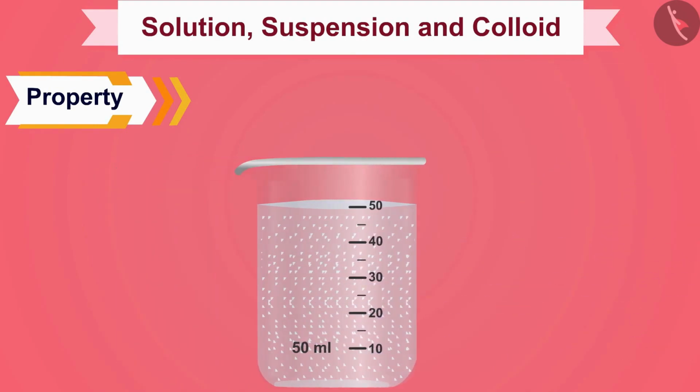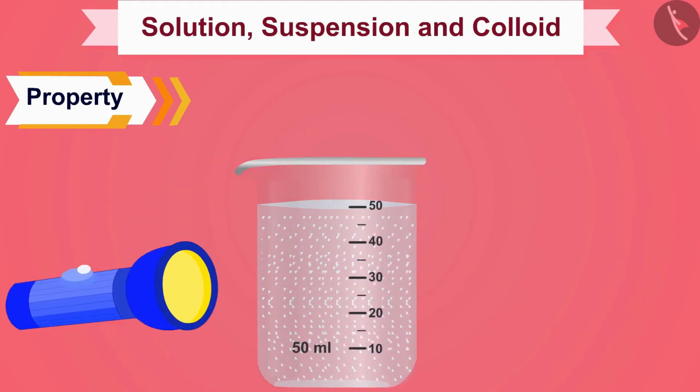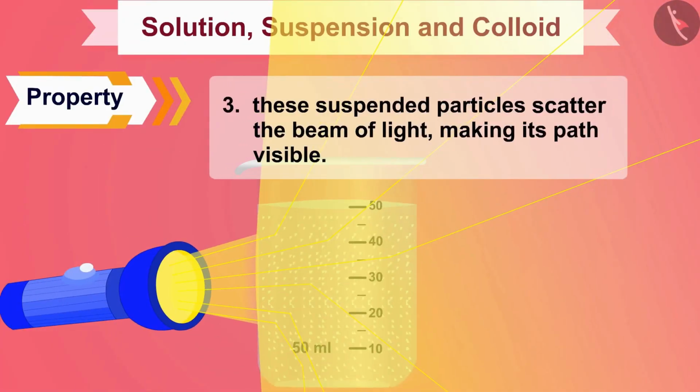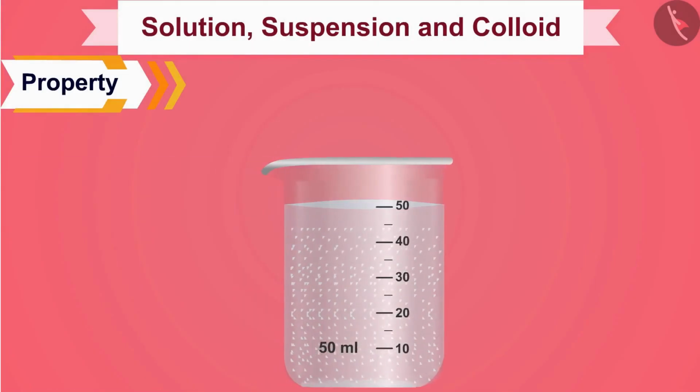Now, if we cross a beam of light with the help of a torch in this suspension, we will find that these suspended particles scatter the beam of light, making its path visible. Solute particles settle down when left undisturbed.